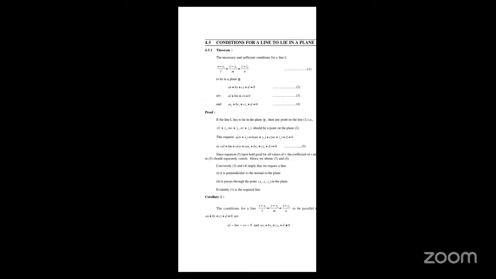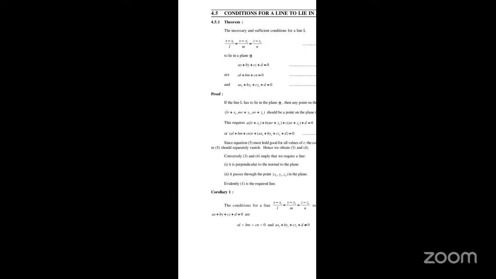And again, a x1 plus b y1 plus c z1 plus d equal to 0, for the equations of the line and the plane. That is simple; just see the problem.